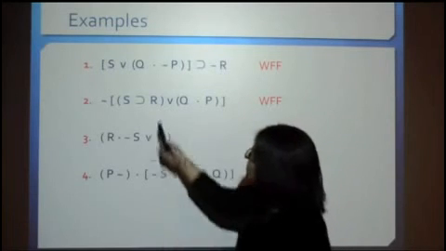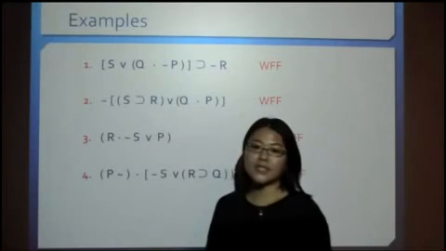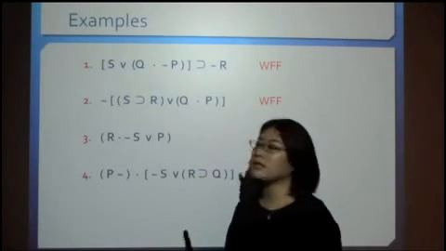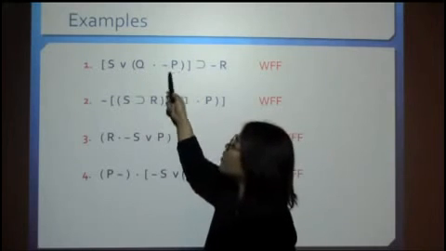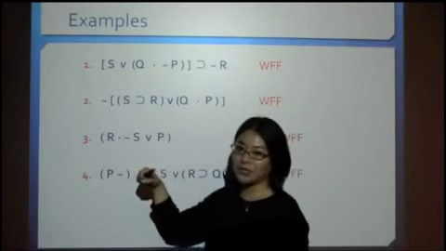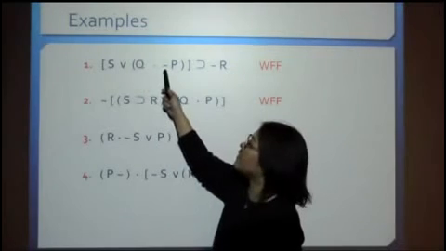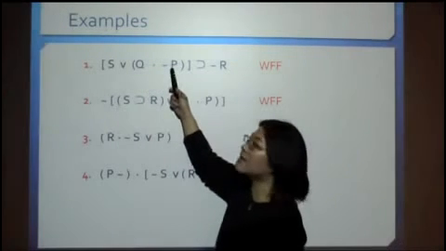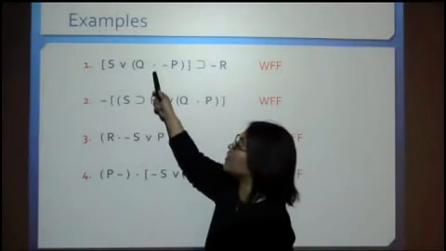Furthermore, if we look inside the parentheses here and then inside the brackets, we notice that the parentheses and the brackets are being used correctly. First, inside the parentheses, we see that we have 2 statements and a connective in between those statements. Okay, so we have the statement Q, and then we have the statement not P, which is a compound statement, with the connective dot that's in between them.